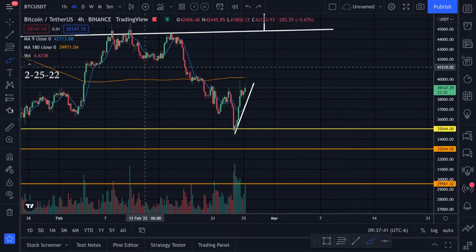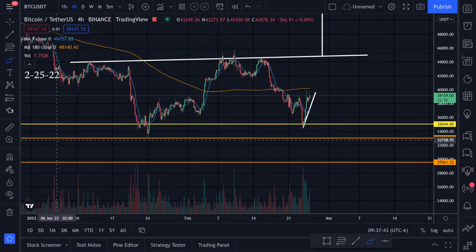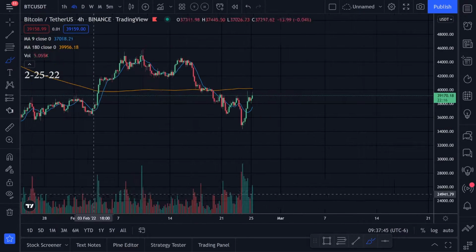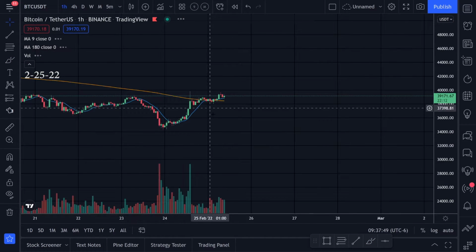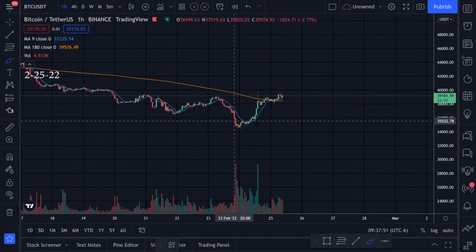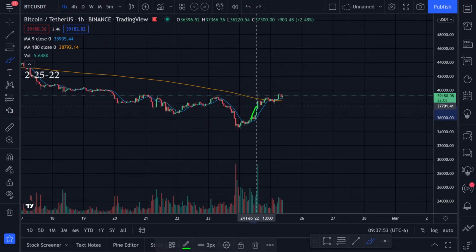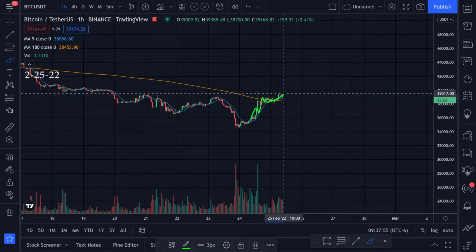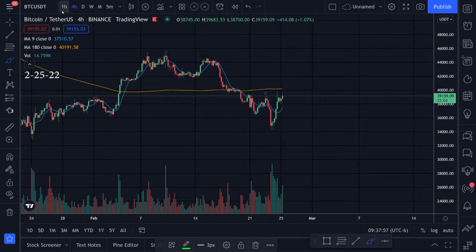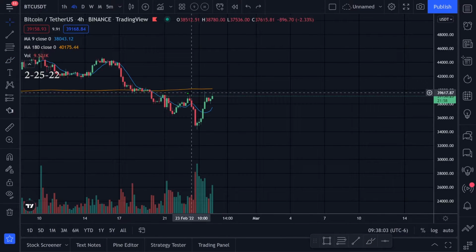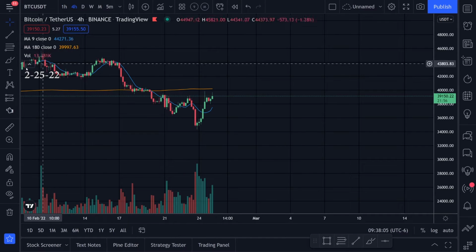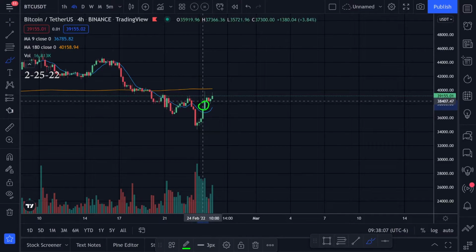The other thing is, I want to show you one more thing, and we're going to go ahead and delete everything. Like I was talking about on yesterday's video, we're watching the moving averages. We broke above the 1-hour moving average right here, and we're getting support on it, getting bounces. We're still slightly above it. It looks like it's kind of going in and out of it on the 1-hour right here, but if we jump over to the 4-hour time frame, we also broke above the 4-hour moving average.